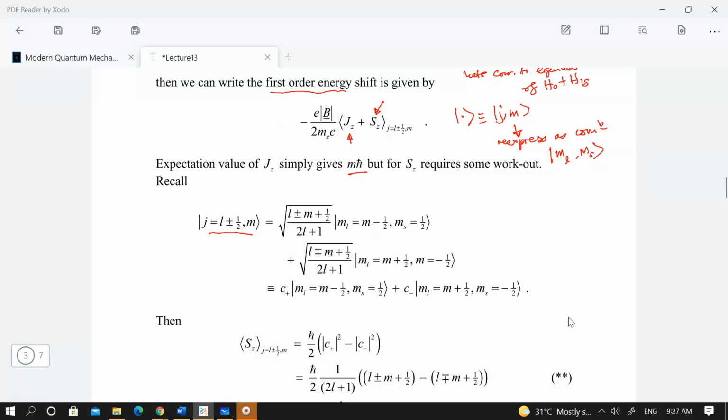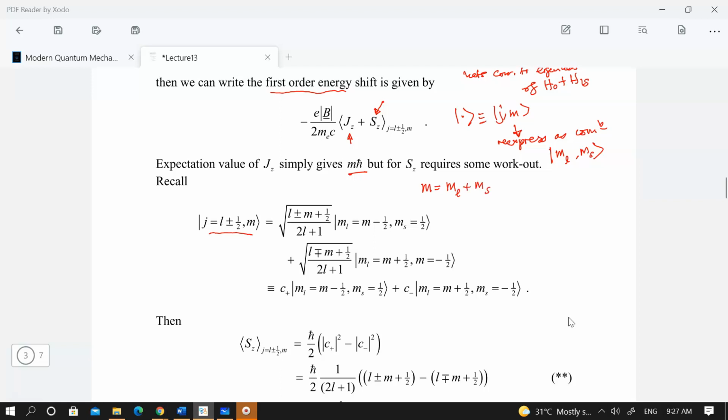And if you remember, we have the condition that your M, which corresponds to the J, must correspond to ML plus MS.